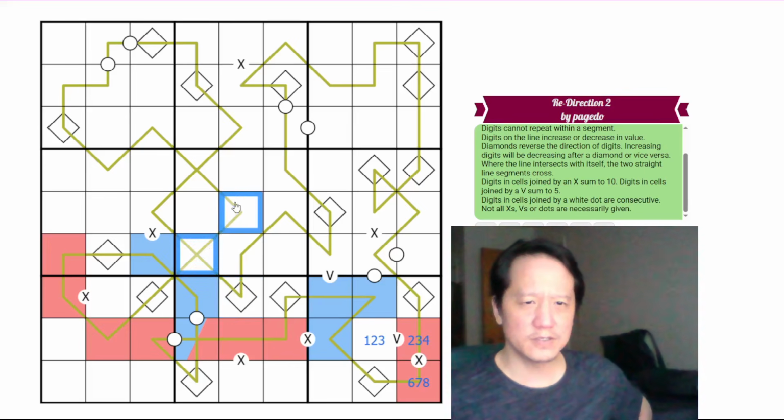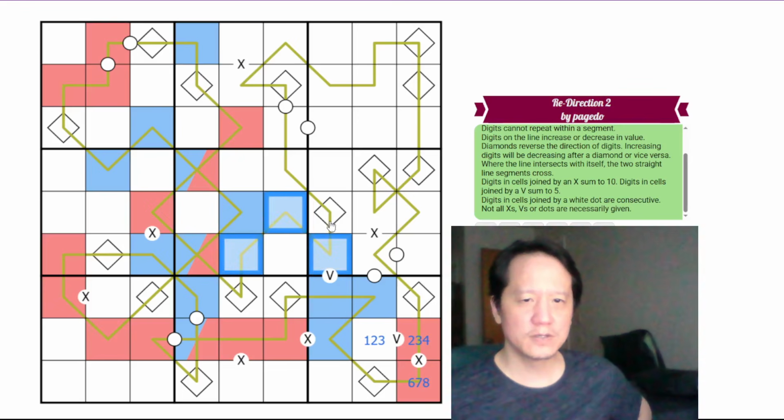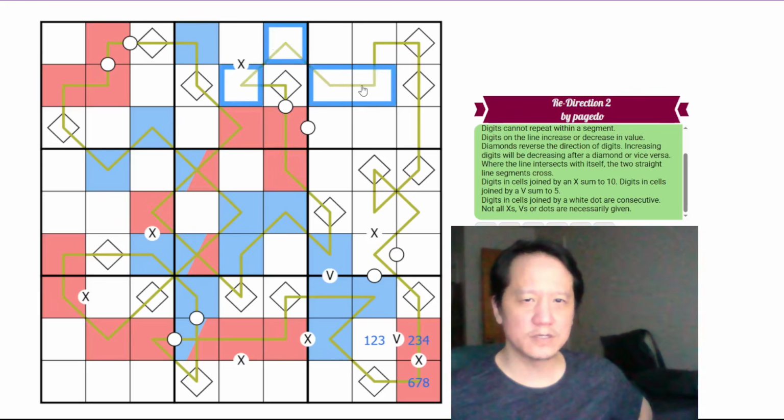Diamond here, increasing. Diamond here, decreasing. Diamond here, increasing. Diamond here, decreasing. Diamond here, increasing. Diamond here, decreasing. Diamond here, increasing. Then decreasing here.